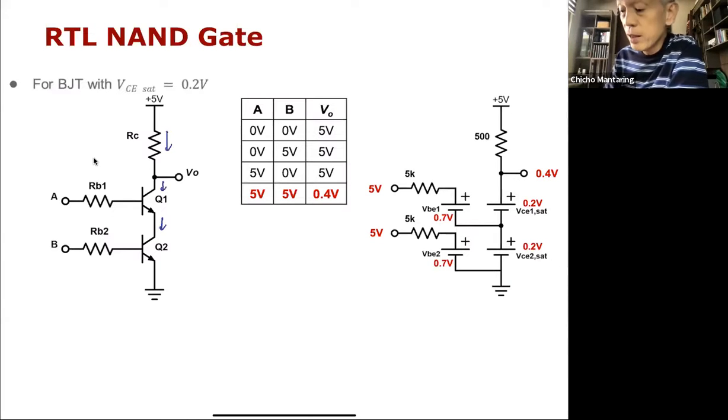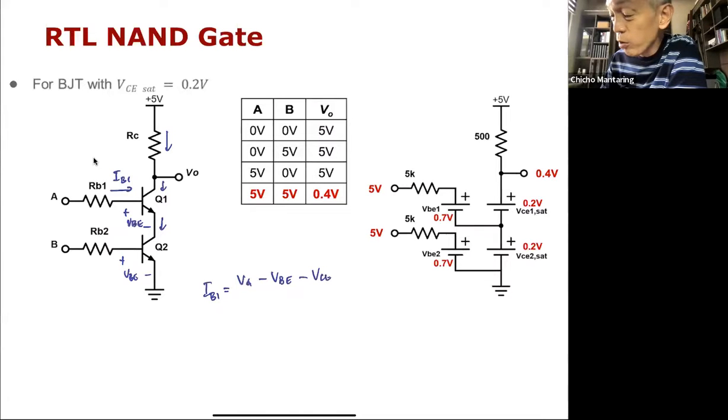Note that I have VBE here, and I have VBE here. If I compute for, let's say, IB1, my IB1 will be equal to VA minus VBE minus VCE2 all over RB1.